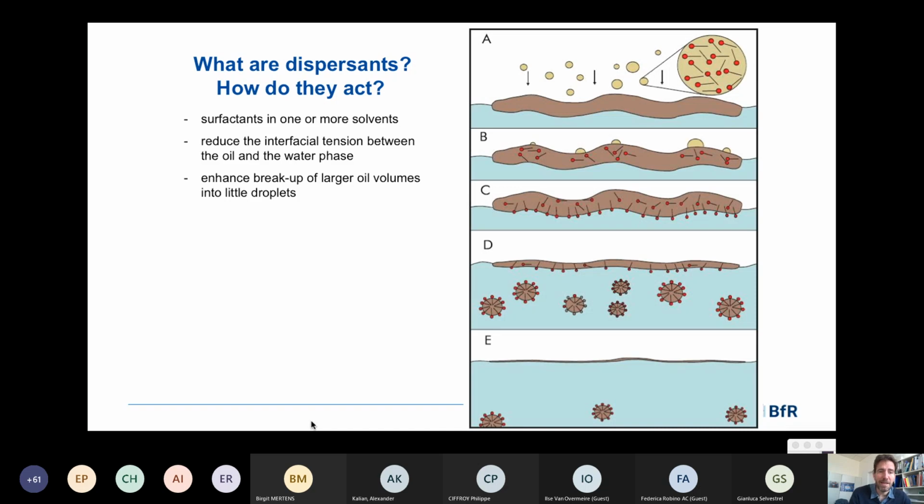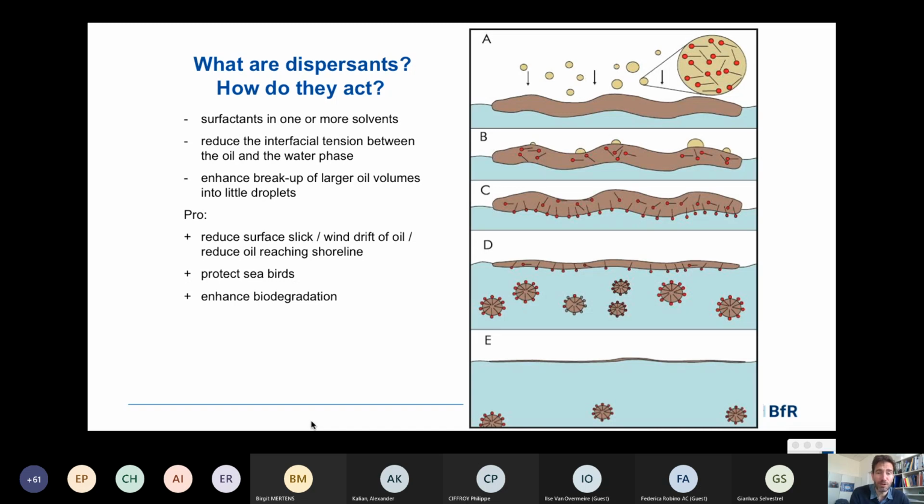You can imagine it's something like you do your dishes. You add something to get the oily part dissolved in the water phase, and you break up larger oil volumes into little droplets.